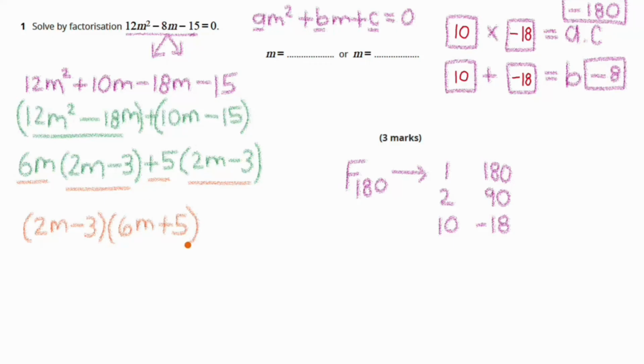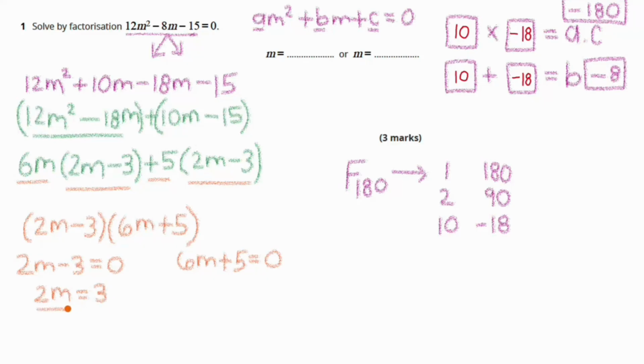Okay. All right, now I'm not done. Now I only have the factors. I want to find the values for m. So now I set each factor equal to 0. 2m minus 3 is equal to 0. And 6m plus 5 is equal to 0. Now I just isolate for m. On this side, I'm going to start by taking 3 over to the other side, which means its sign will change from negative to positive.